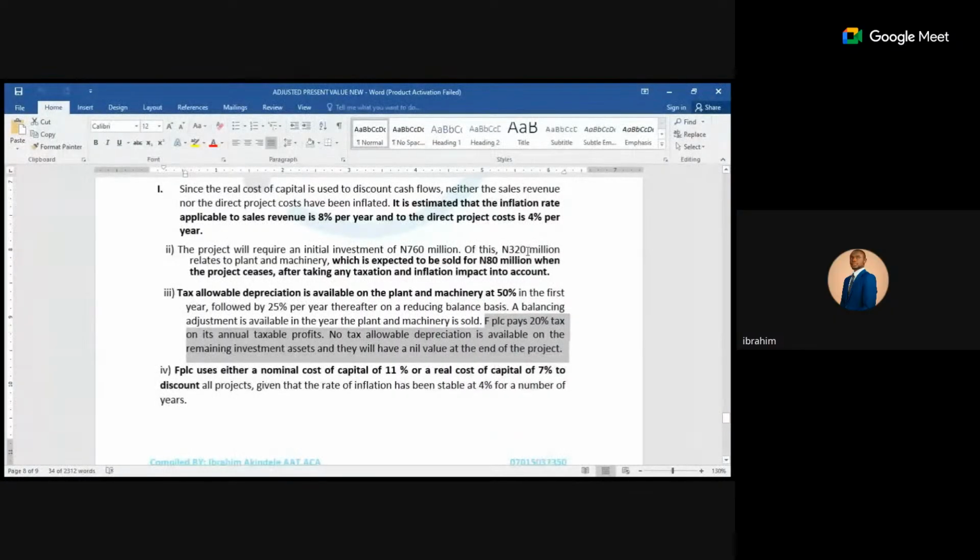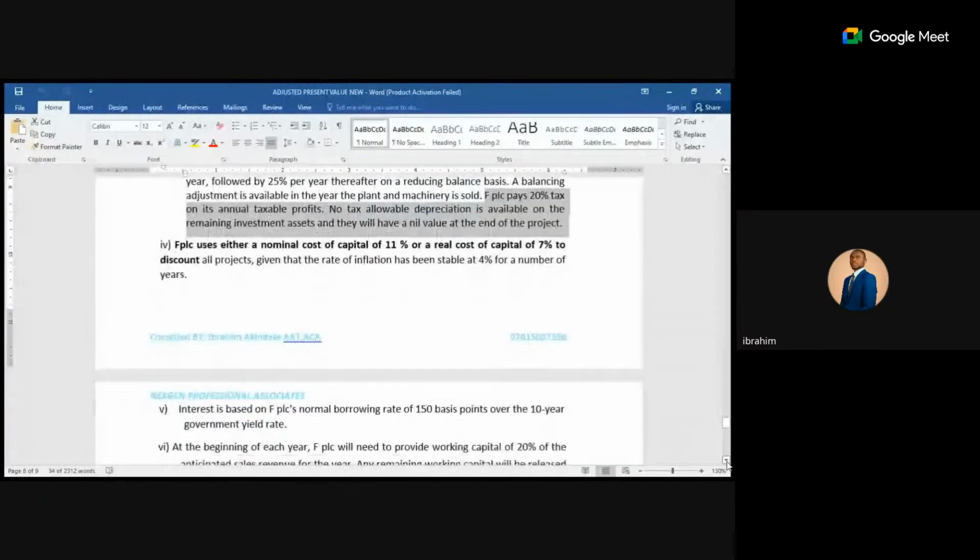Now, what is the remaining balance? 760 minus 320. What do we have? 440. So the remaining investment asset is not allowed for tax purposes and it has no residual value. Okay. Next.